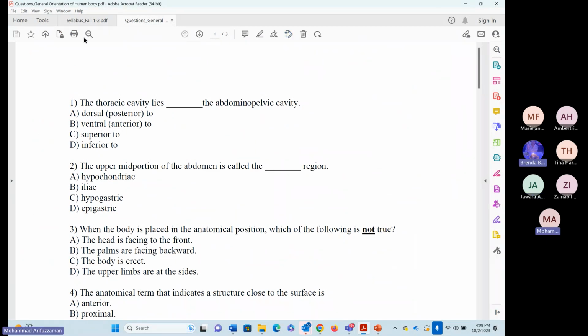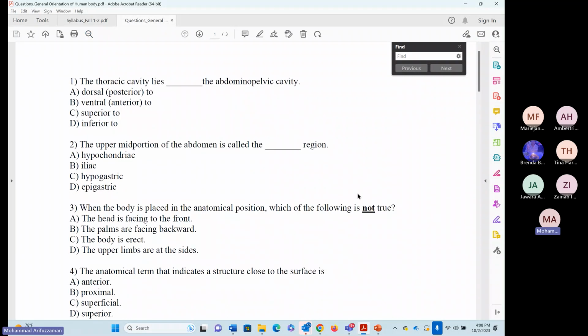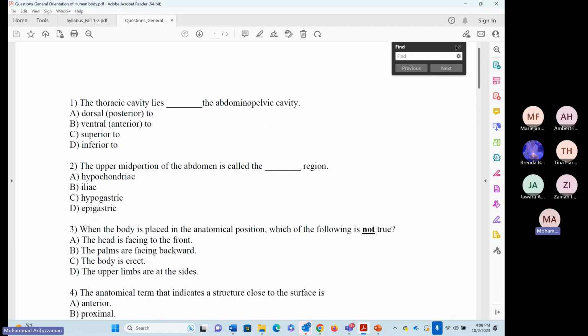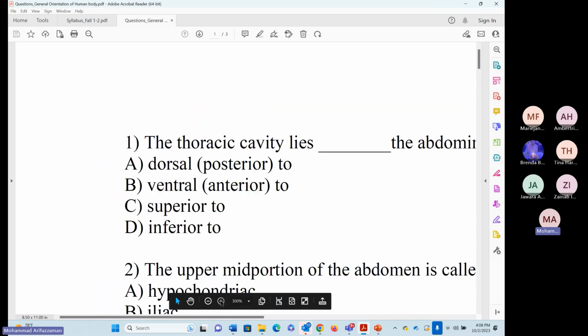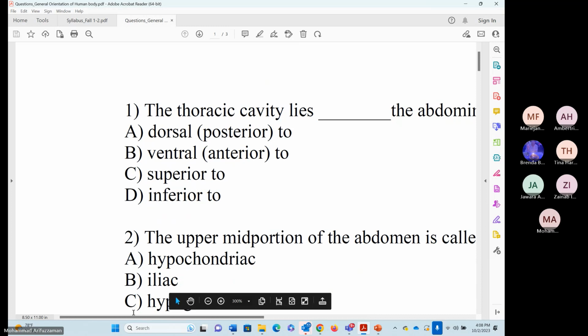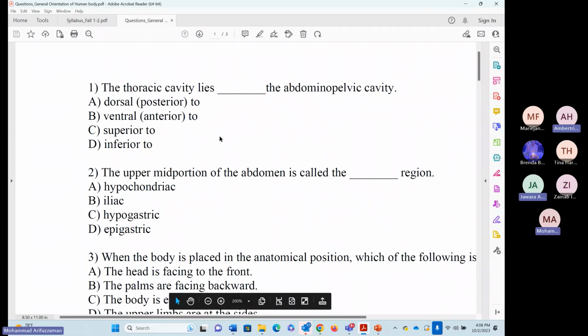Yes. Okay, thank you. Let me zoom in. Where is the zoom in button? How to zoom in here. Is it clear now? Is it okay? Yes. Thank you. Welcome.